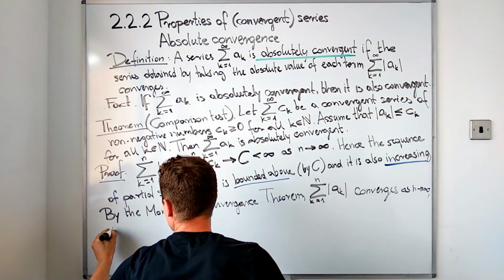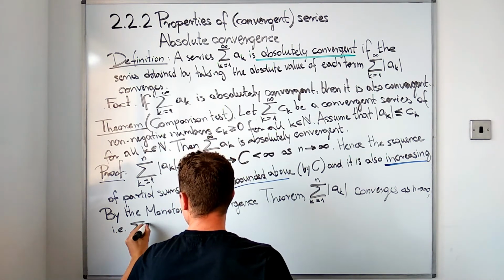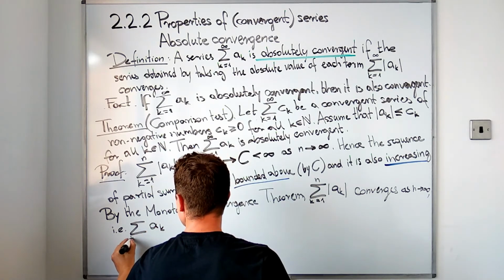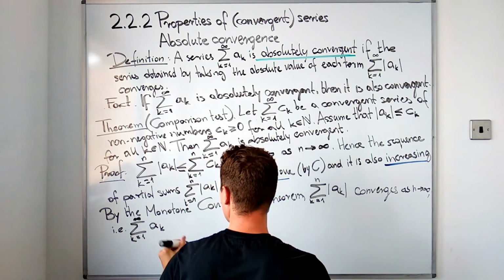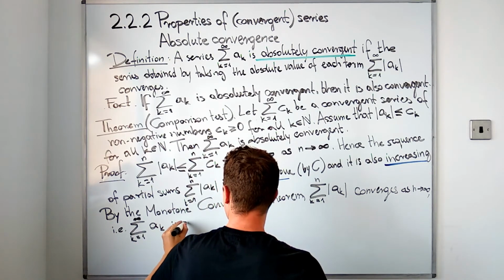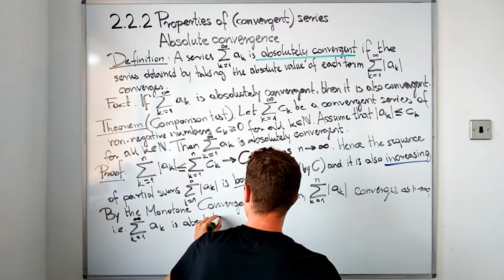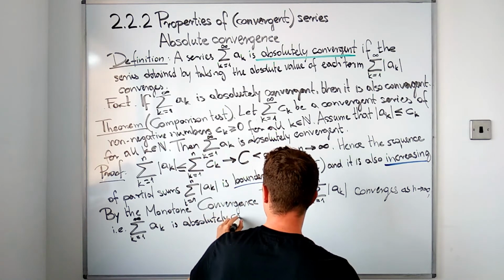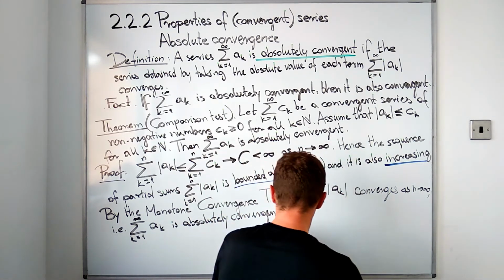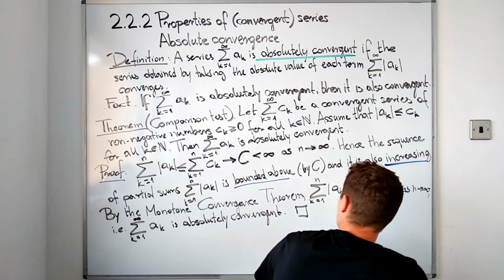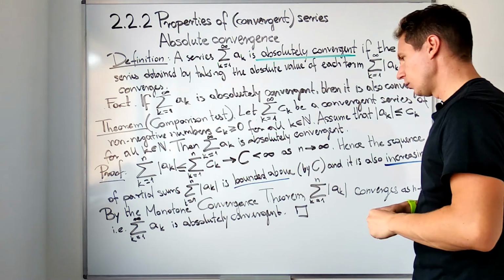And that is exactly the definition of absolute convergence for our original series, the sum of ak with k going from 1 to infinity. And we have concluded the proof. This is the end of our proof. We have established that the series, the sum of ak, is absolutely convergent.